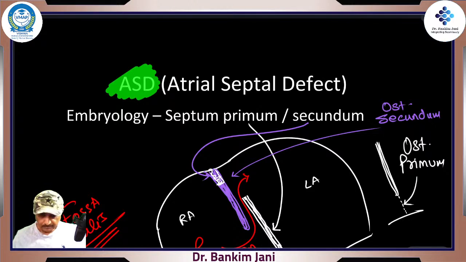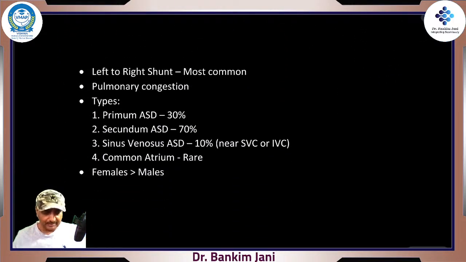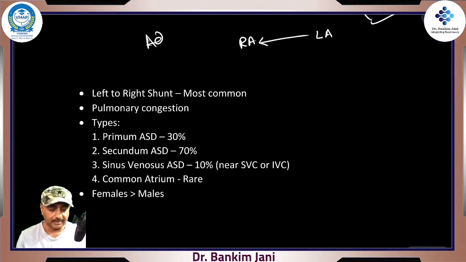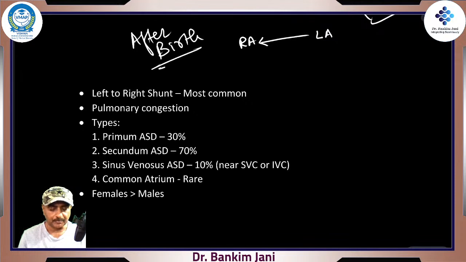Now, let's see. Everything is from the perspective of which side the blood will be going to. Over here, obviously, the left atrium, and this is the right atrium. The left atrium is definitely under high pressure, so the shunt, the shift of blood, will be from left atrium to right atrium. This is after birth, in adults.